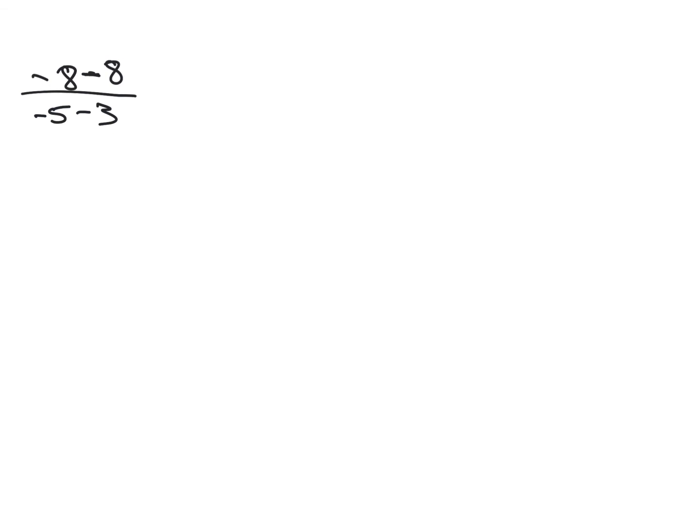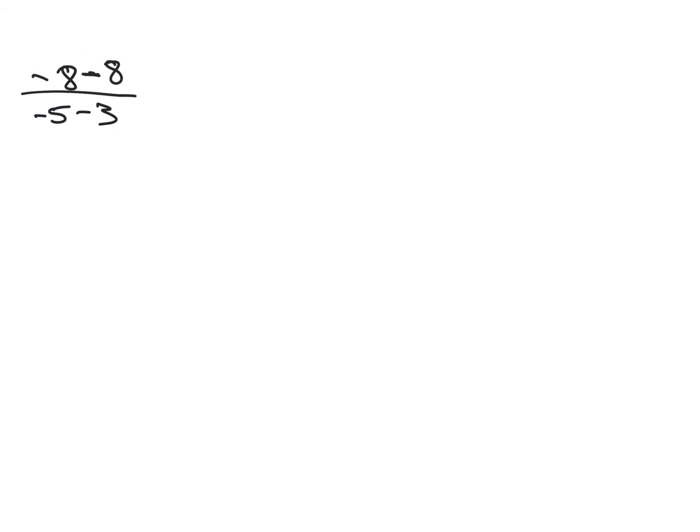And one of the things I want to bring up now, and I will continue to bring up for the semester, is this division line, or some people call it a fraction line, separates everything up here from everything down here. That means you do everything you can up here and everything you can down here before you cross the line. You don't cross this line until you've got everything as simple as possible.